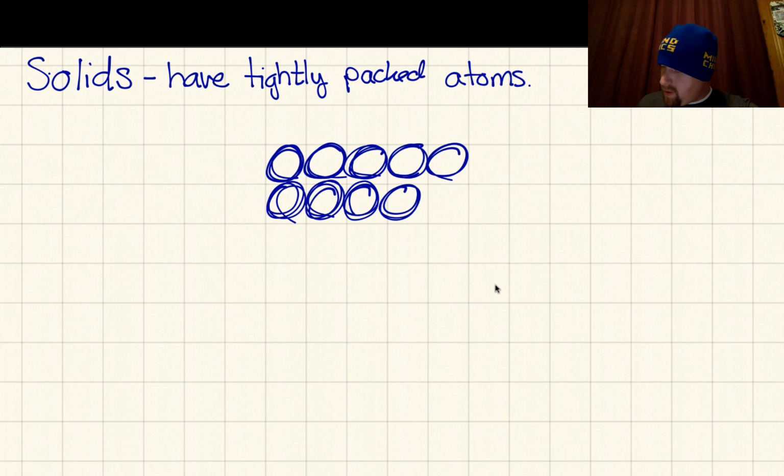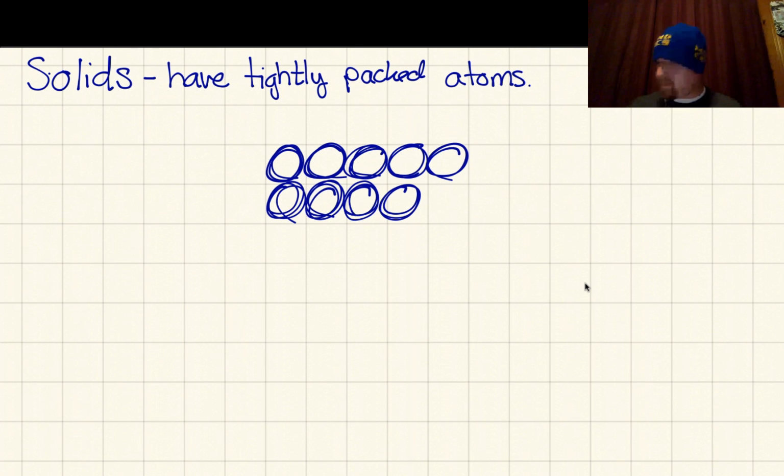Notice that they're really close together, almost touching. And one of the things that's really important that we see here at the atomic level is this idea that because they're tightly packed together, they don't have a lot of free movement. This is an important idea. They do not have a lot of free movement.